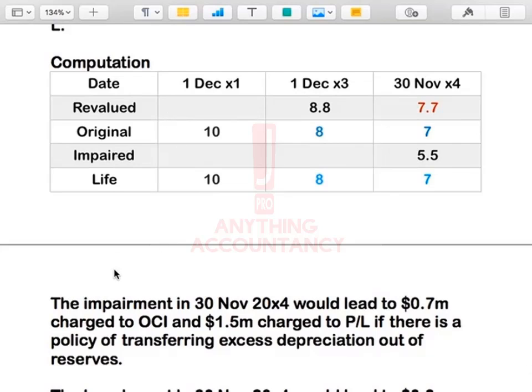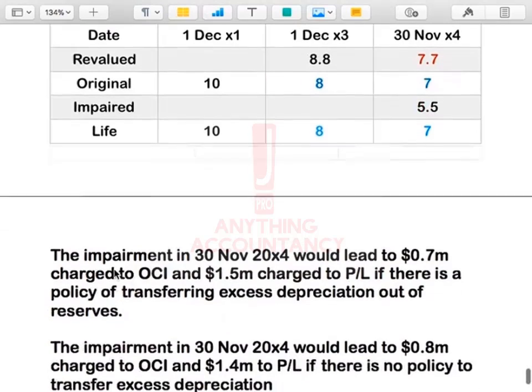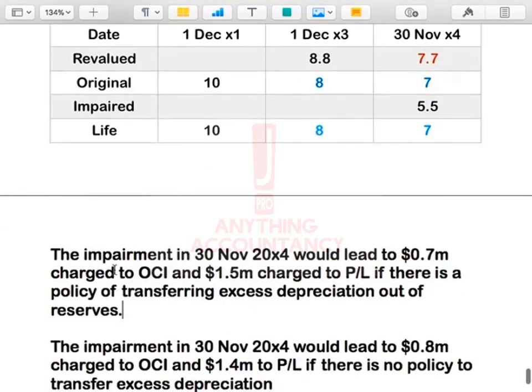Remember, if there is a policy for transfer of depreciation, what it means is this.